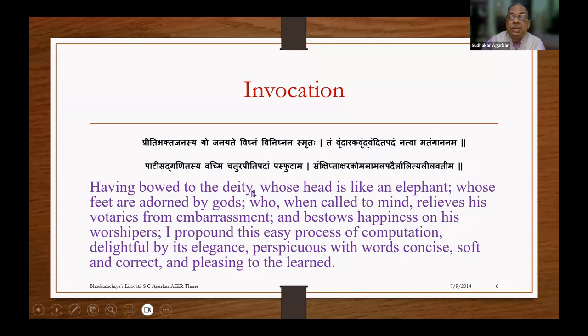Having bowed to the deity, whose head is like an elephant, whose feet are adorned by God, who, when called to bind, relieves his votaries from embarrassment and bestows happiness on his worshippers, I propound this easy process of computation, delightful by its elegance, perspicuous with words concise, soft and correct, and pleasing to the learned. So Bhaskaracharya describes the qualities of the book that he has written in his very first shloka.